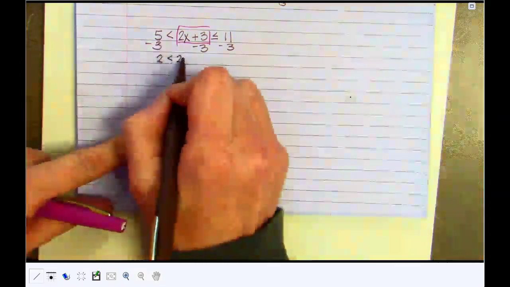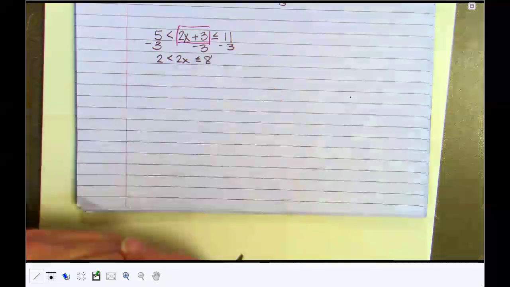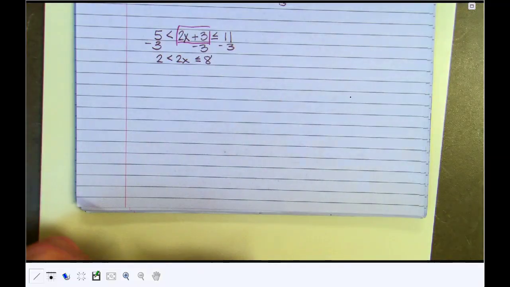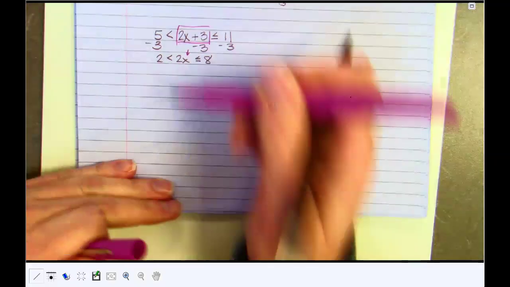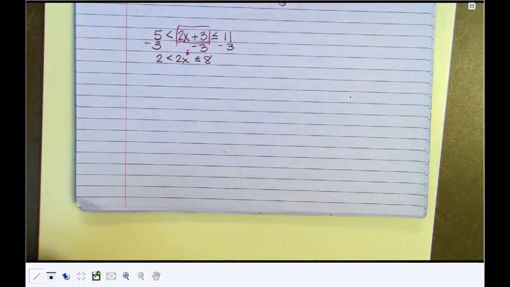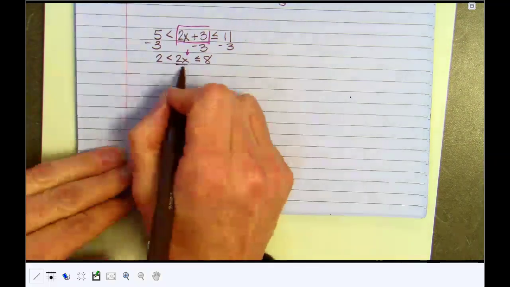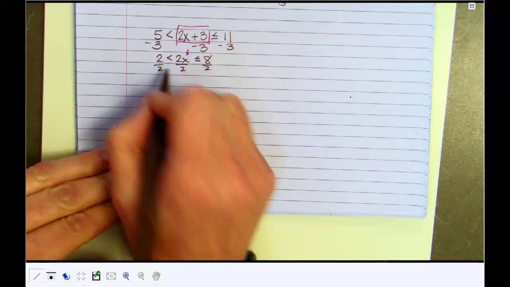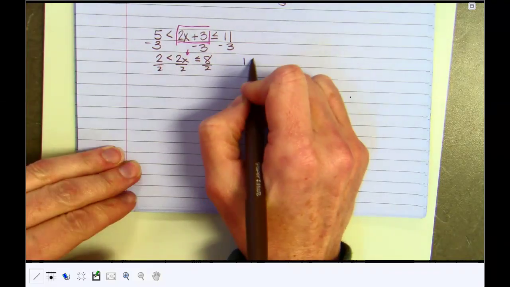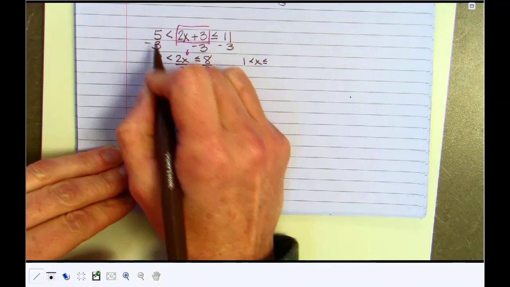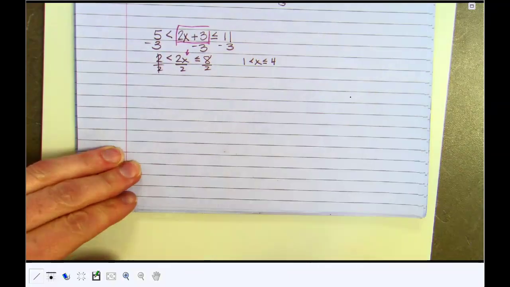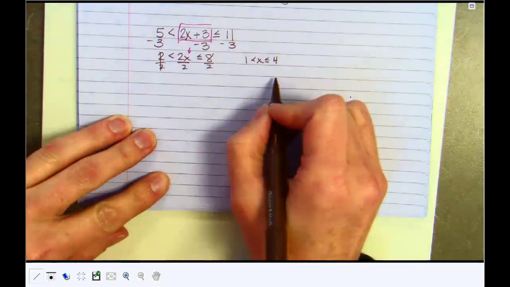So this one is 2, then you have 2x, and this one is 8. Again, you are trying to get x by itself. What are you going to do? Divide all the pieces by 2. So then you have 1, x, and 4. Now, we need to talk about how you graph this.